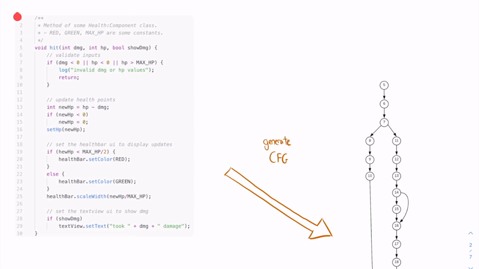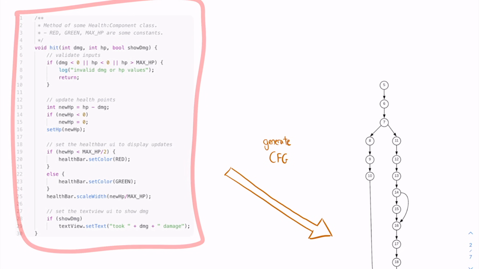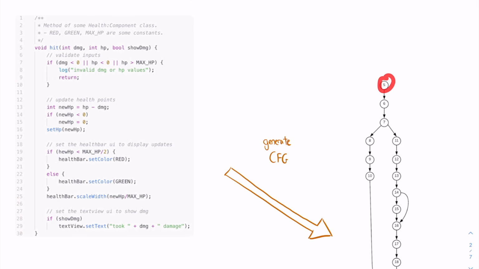Okay, so this is the same chunk of code just now. You can see that 5 corresponds to the first method signature, which is the entry point of the method. And after we execute this line, we would execute this line, which is 6, which is a comment. So we compile it, we don't really execute it.